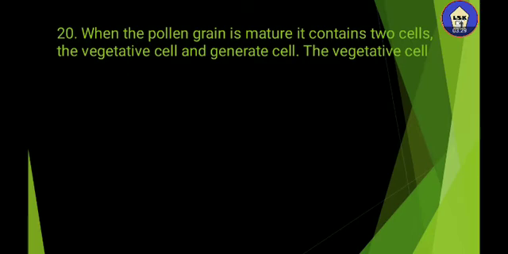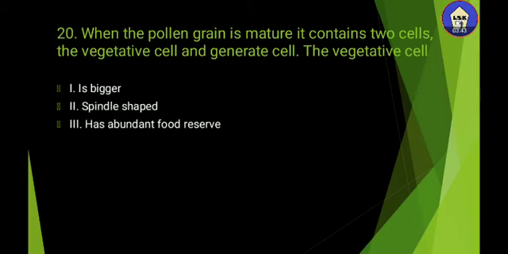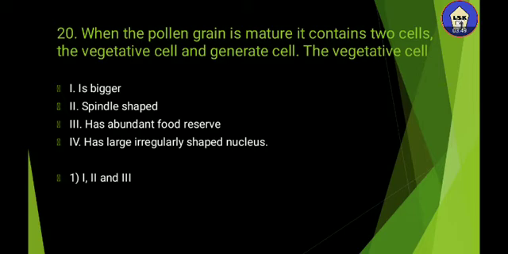Now question number 20. When the pollen grain is mature, it contains two cells, the vegetative cell and generative cell. Okay, the vegetative cell. Statement 1 is bigger. Second one, spindle shaped. Third one has abundant food reserve. Fourth one has large, irregularly shaped nucleus. So here, spindle shaped is wrong.